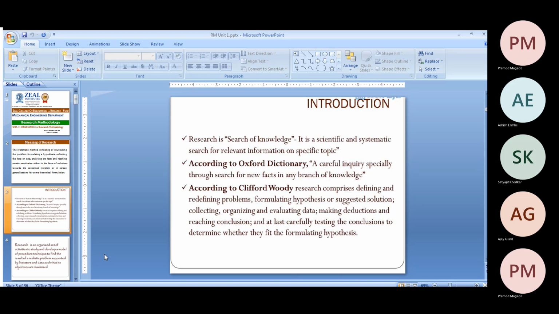At last, carefully testing the conclusions to determine whether they fit the formulated hypothesis. Whichever hypothesis we have defined, whether we reach up to that point or not, or if I reach some percentage, how much percentage you have reached. A lot of my UG students think research is something we have to complete in any case.